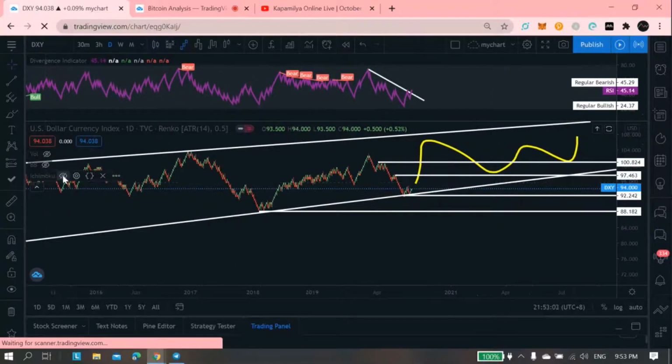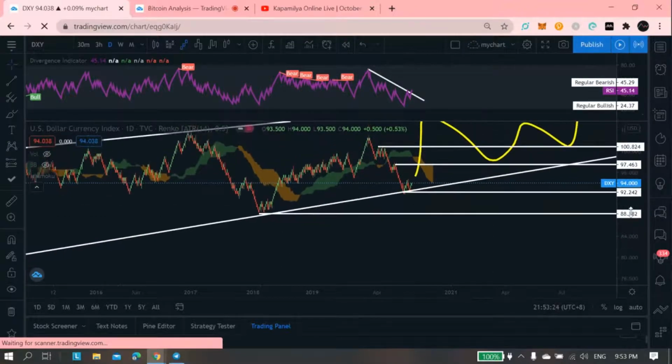And then let's add the Ichimoku cloud. Though the Ichimoku cloud is more bearish using this Renko chart. But for me, if I will trade this one, I normally use candles, whatever you call the charts.